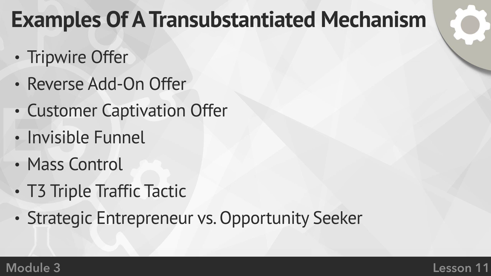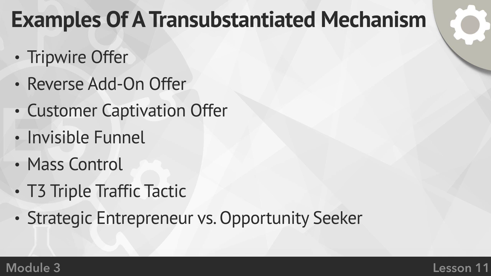And he named it, he labeled it, he transubstantiated the ordinary of being an entrepreneur with the right understanding of the fundamentals of business. He transformed that whole idea of just being an entrepreneur with the deep understanding of systems and the fundamentals of being a business, made it a strategic entrepreneur and labeled it, and it created multiple millions of dollars for him.